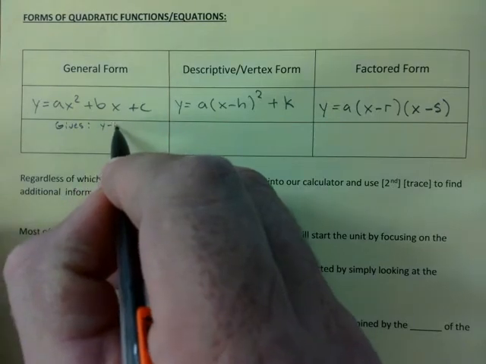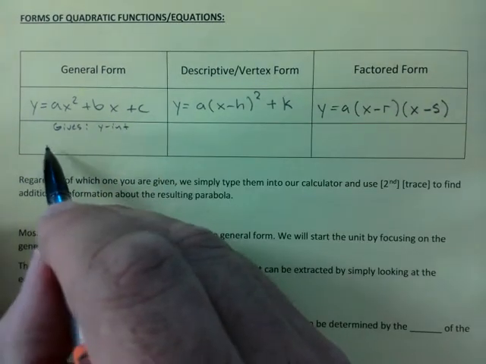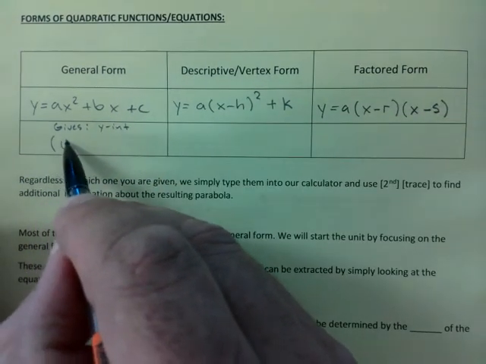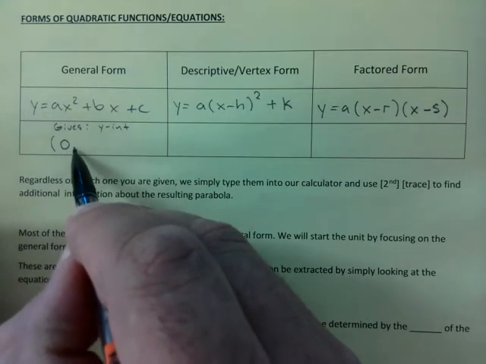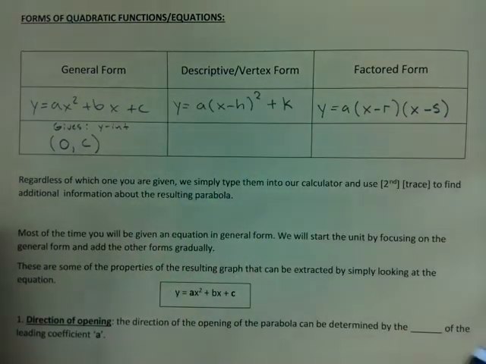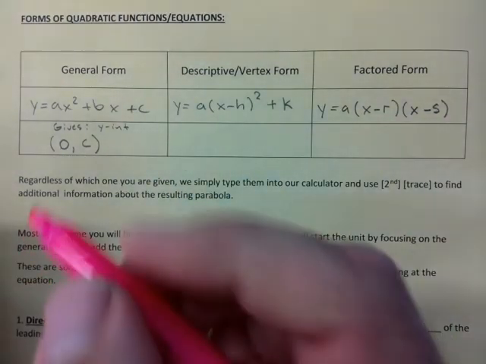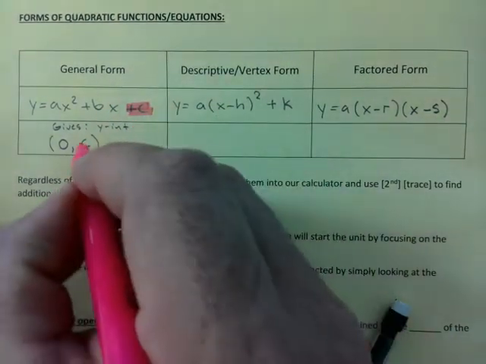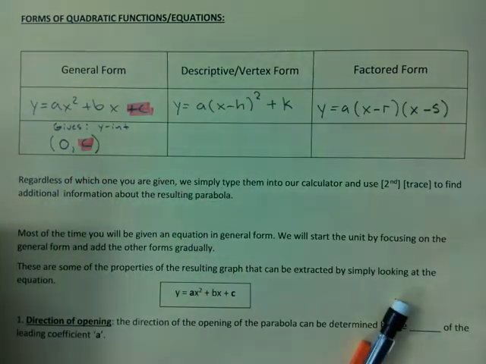So this one, if you get this one, gives the y-intercept right off the bat. And so how do you know it's 0? X is equal to 0 at the y-intercept, right? And that c goes in there. So right away, boom, I see that there's a c.